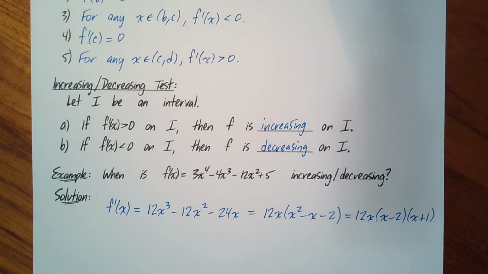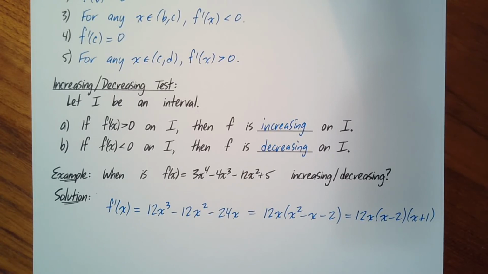Why did we want to factor the derivative? Well, remember what I said our goal is? We want to figure out on which intervals is f increasing and on which intervals is f decreasing. That's really what it would mean to answer this question. So in order to apply the increasing-decreasing test, we need to figure out on which intervals the function's derivative is positive and on which intervals it is negative.